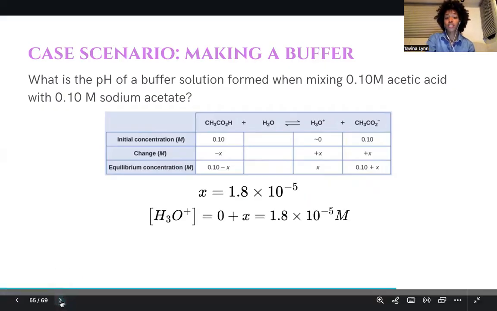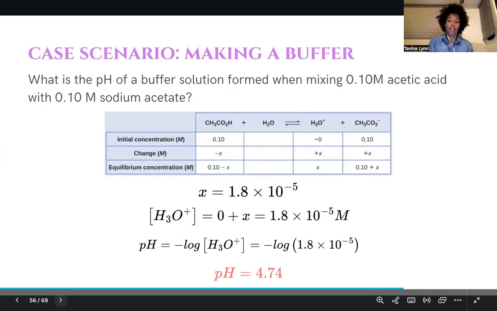That is our concentration, right? X is our concentration of our hydronium ion. So if we take the negative log of this, we'll get a pH of 4.74. So this buffer mixture has a pH of 4.74.